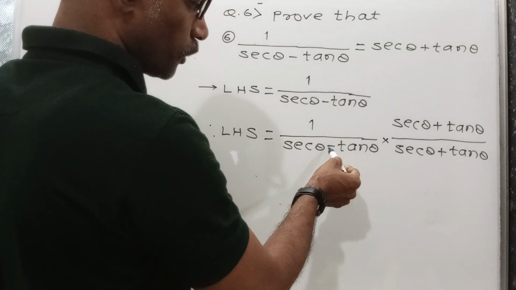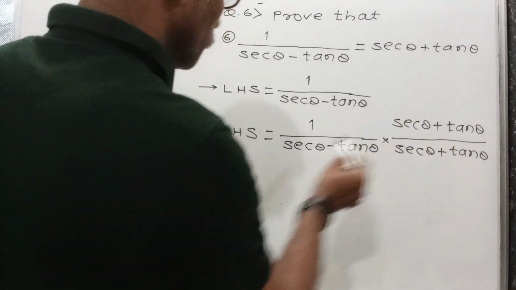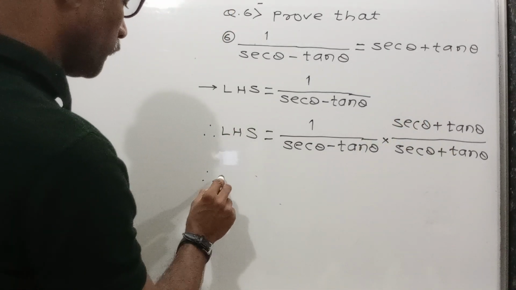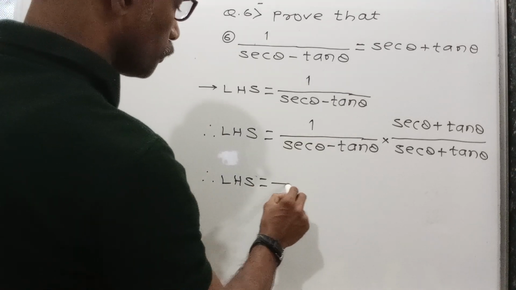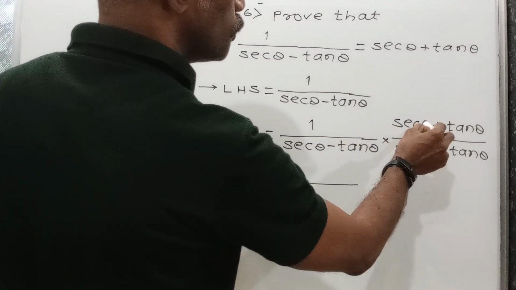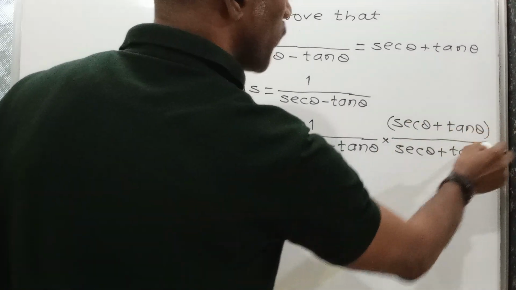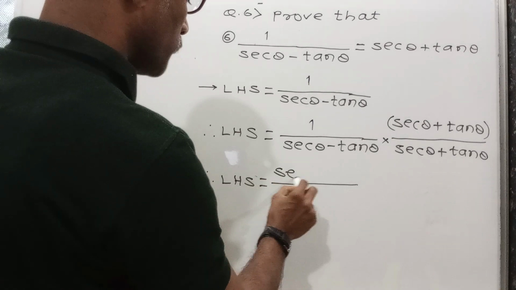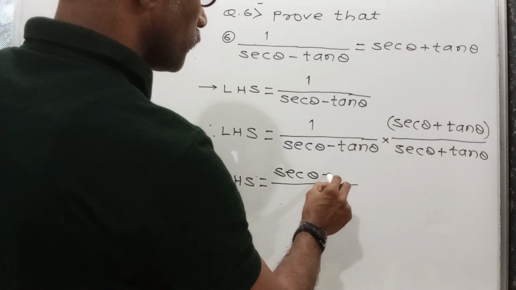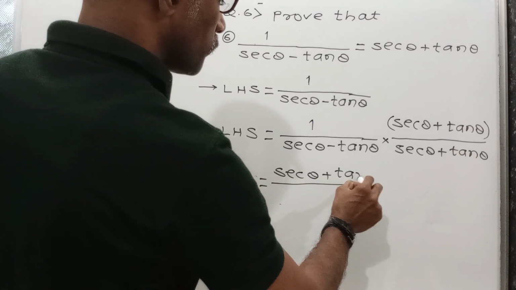This is the conjugate pair of this denominator. Therefore, we write here LHS is equal to 1 into this bracket sec theta plus tan theta, means same as it is, sec theta plus tan theta.